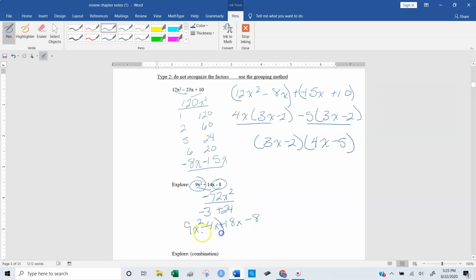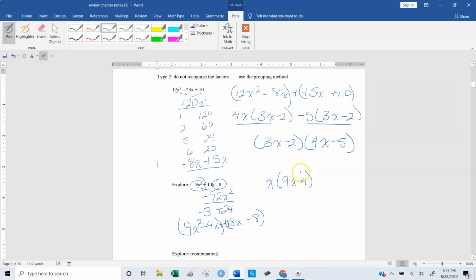Now you're going to group. First two, last two. And what do they have? What do 9x squared and 4x have in common? I did this on purpose so you could see that they don't always have to match real well. The only thing those two have in common is an x. So I bring out the x and I have 9x minus 4.